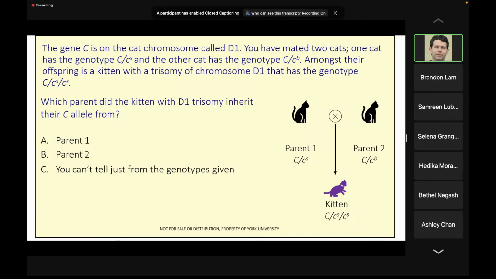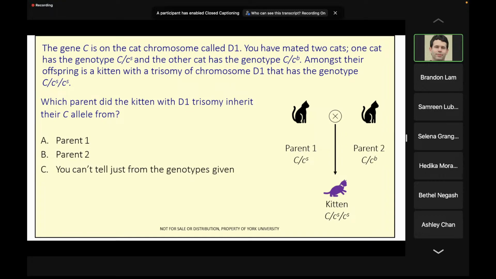Great. But what parent did the big C chromosome come from? We have two parents here, right? They both have the big C, so both of them can donate the big C. Only one of them has the CS, which ends up with 2 copies of the CS. So definitely there's non-disjunction. It's got 2 copies of something you're only supposed to have 1 copy of in the first place. So one parent gave the CS.